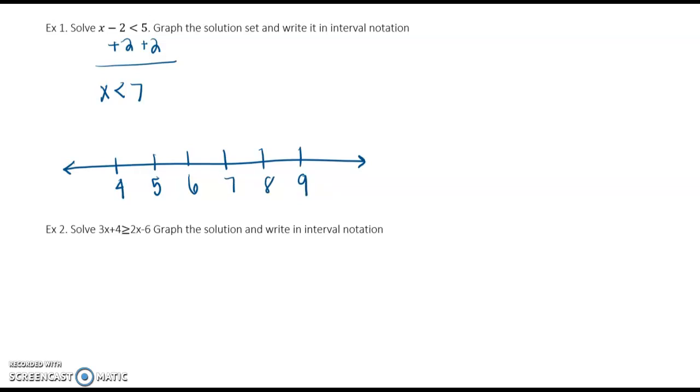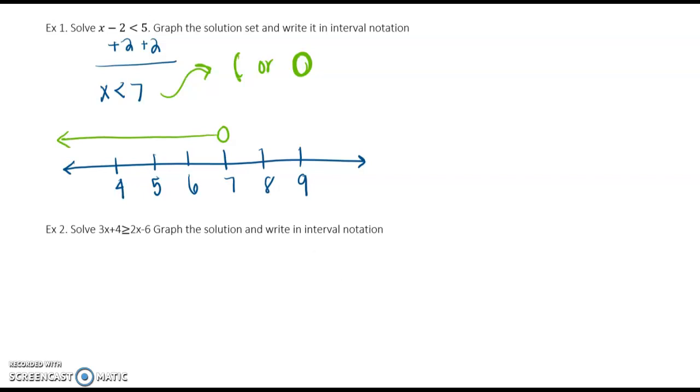Because this inequality doesn't have the equal sign, it's related to parentheses or an open circle, whichever one you wanted to use. Most people use the open circle. I put the open circle on top of the 7, and it says x is less than 7. So all your numbers should be less than 7. So that would be over here.